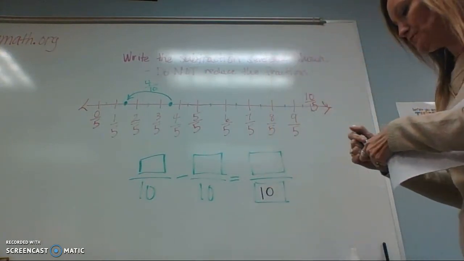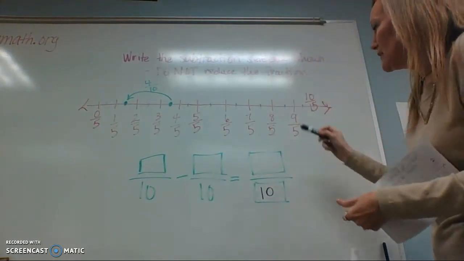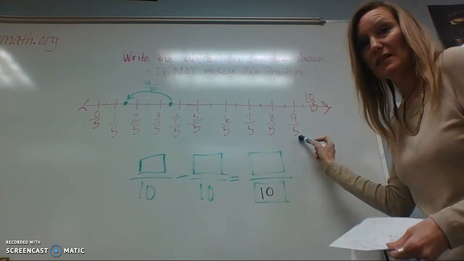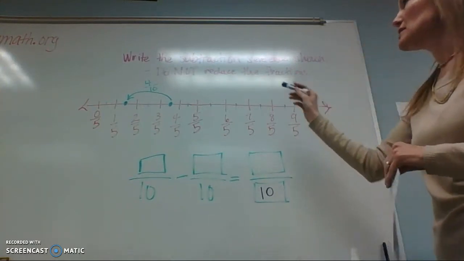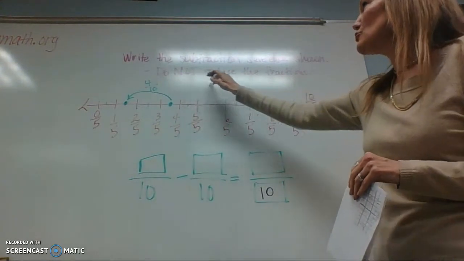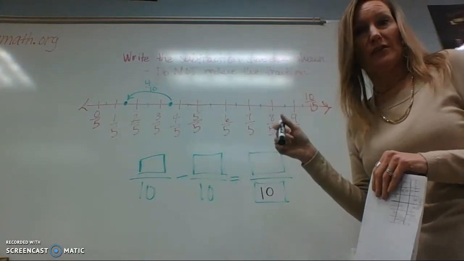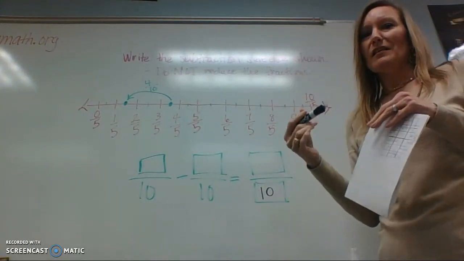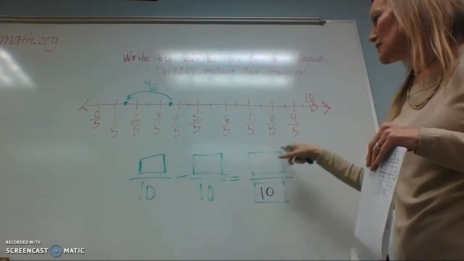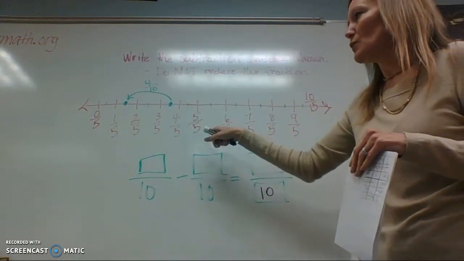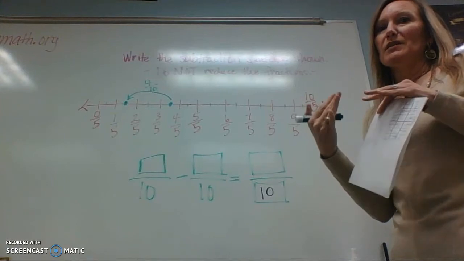Even though on our number line, it is set up in fifths. And that's what they mean in this other part of the directions when it says do not reduce the fractions, okay? It's easy to think about reducing all of this into fifths because that's what we see, but they want us to keep it in tenths.